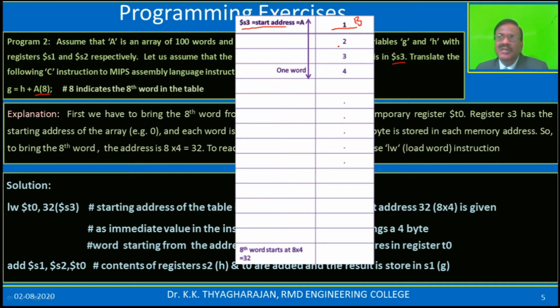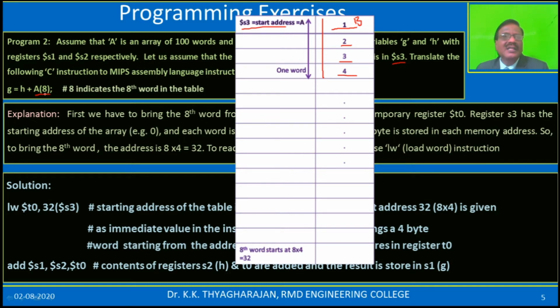That means it will use 4 bytes for both data and instruction. So the first element of the array will be stored starting from this address, and it will continue to the next 3 locations also. So totally you will have 32 bits or 4 bytes, and these 4 bytes are represented with index 0.